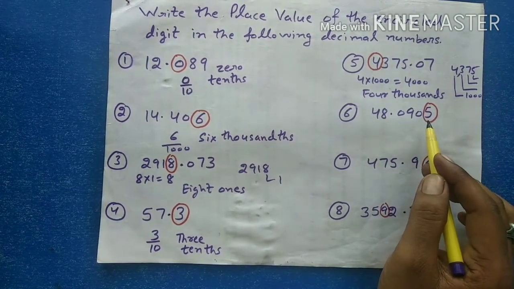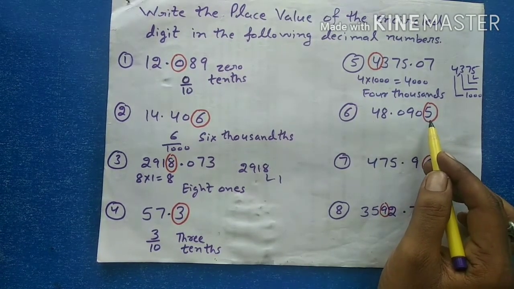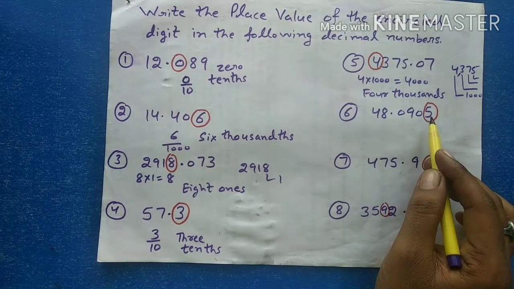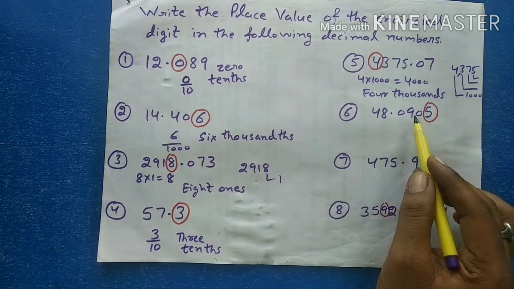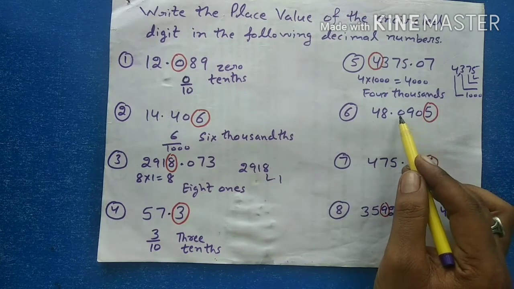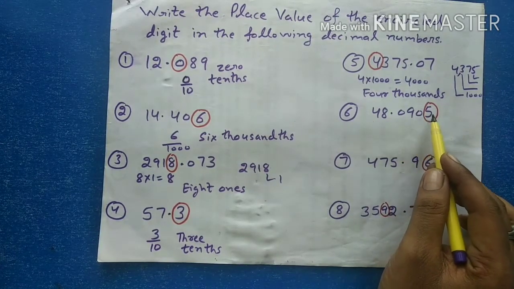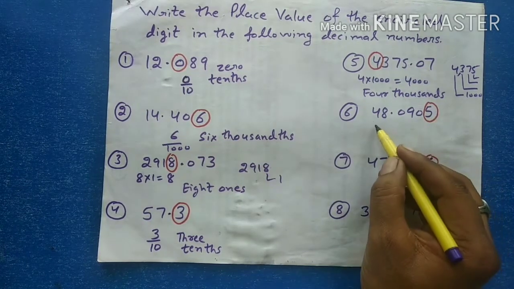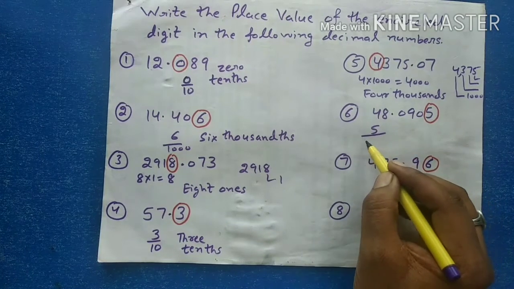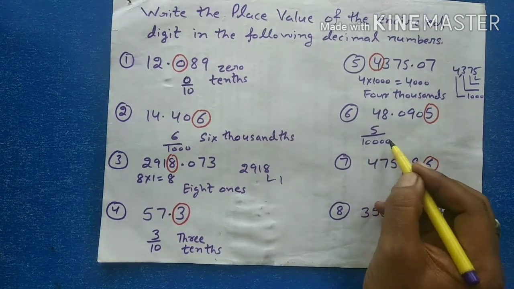Now 48.0905. Here the encircled digit is in the decimal part. So in the decimal part we have to see that 5 is at which place. After the decimal, 5 is at the first, second, third, fourth place. So this is on the 4th place. So I will write 5 over how many zeros? 4 zeros. 1, 2, 3, 4.